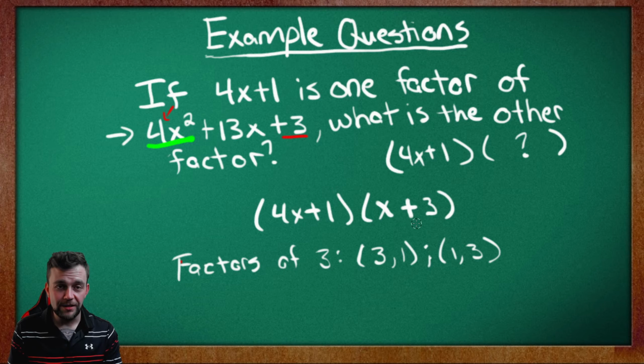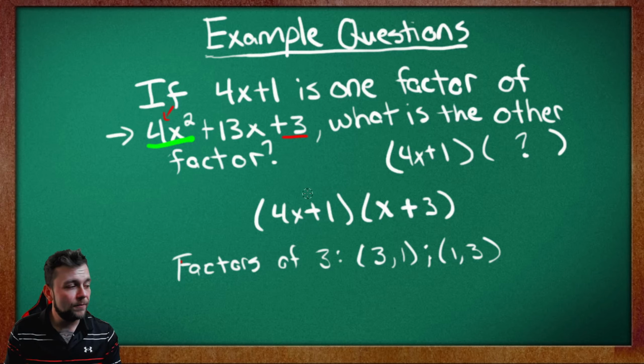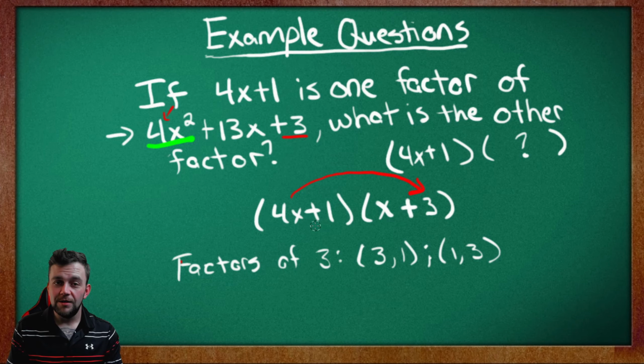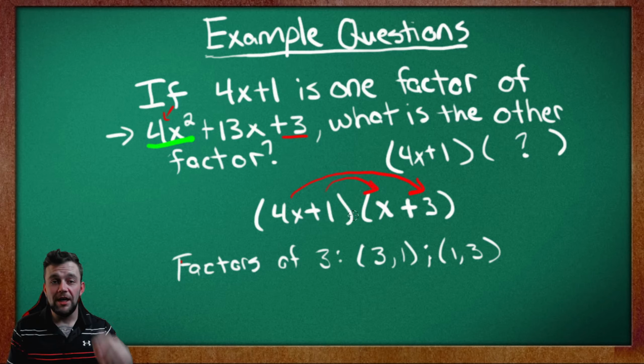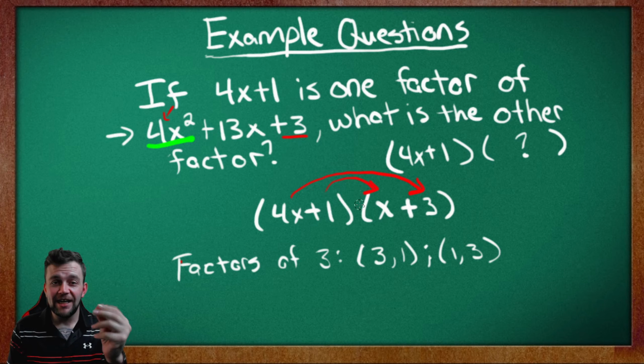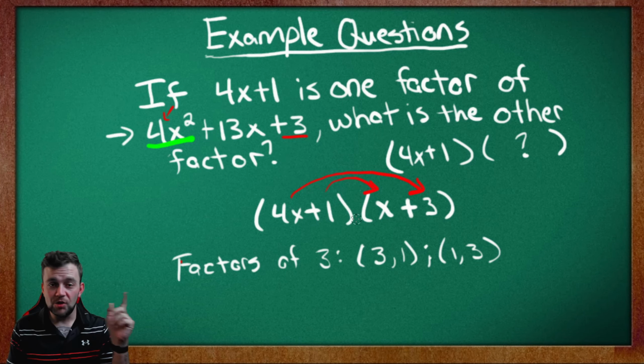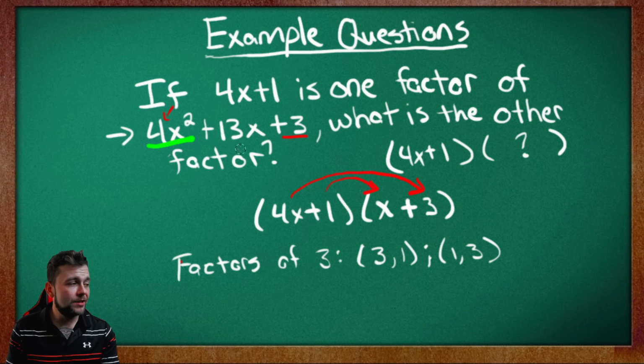We're going to test it, okay? So when we multiply the outside term times the outside term, what do we get? We get 12x. When we multiply the inside term and the inside term, what do we get? We get 1x. When we add those two together, it's 12x plus 1x.